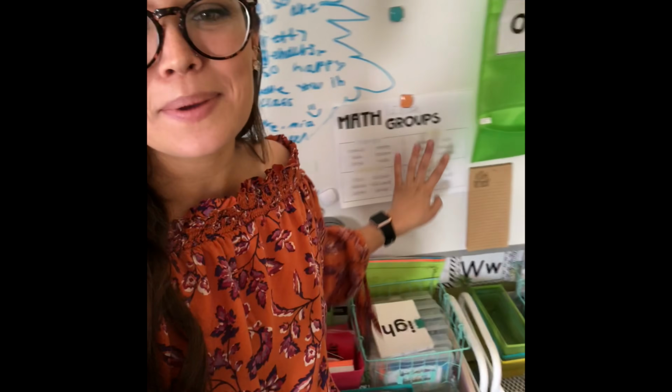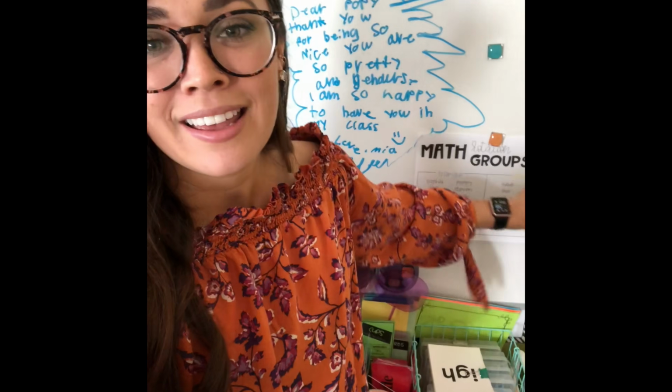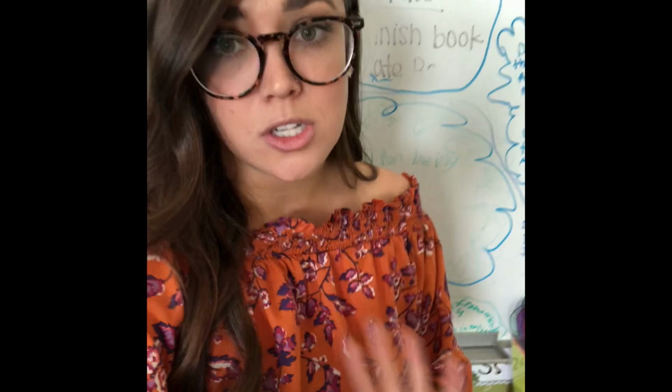Also, I like to keep my groups hung up behind me at my small group table. That way, whenever I'm switching and rotating, I can just flip back really quick and look. I can also look in my binder, but I don't always like to have my binder out because I feel like it takes up a lot of my teaching space. So I'll usually just pull out my planning sheet, and then I've got my groups posted, and that way my kiddos can also remember which group they're in, and that helps a lot with management.